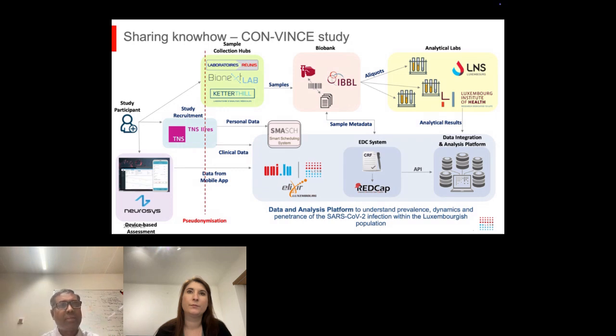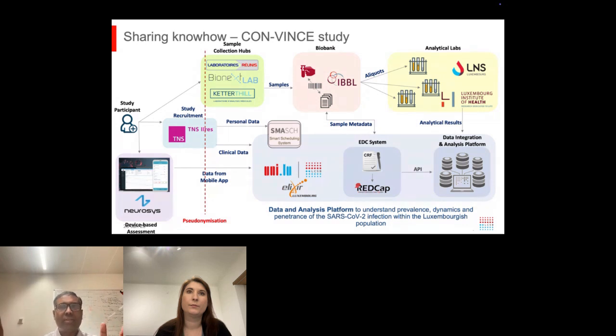Okay, so in the slide you can see what I wrote: sharing the know-how. This CON-VINCE study is to understand the prevalence of SARS-CoV-2 in Luxembourg. So all the know-how from the NCER-PD study is directly translated into this COVID study.